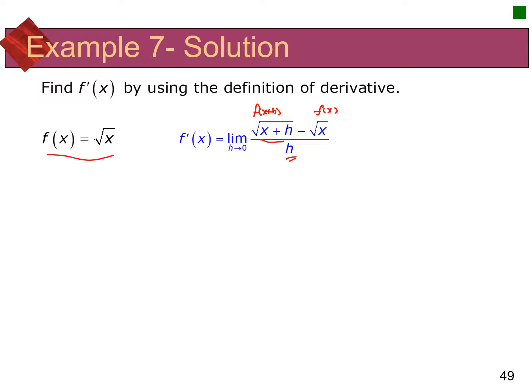Cube roots would be handled a little differently, fourth roots, etc. What I need to do is figure out a way of getting the numerator to be rationalized, which basically means I'm trying to find a way of getting all of the h, in particular anything that has an h that I could cancel with the one on the bottom, out from underneath the square root symbol.